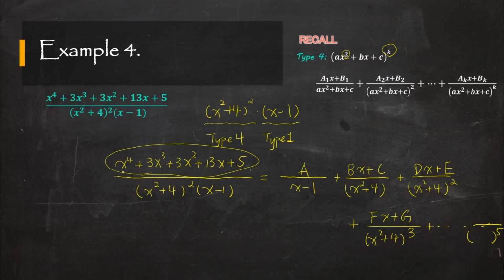So the coefficient of the x to the 4th on the left has to be equal to the coefficient of x to the 4th on the right. And keep on going until you set up the equation for the constant. And then you just try to solve for each variable. So I think that's it. So we finished all the examples.